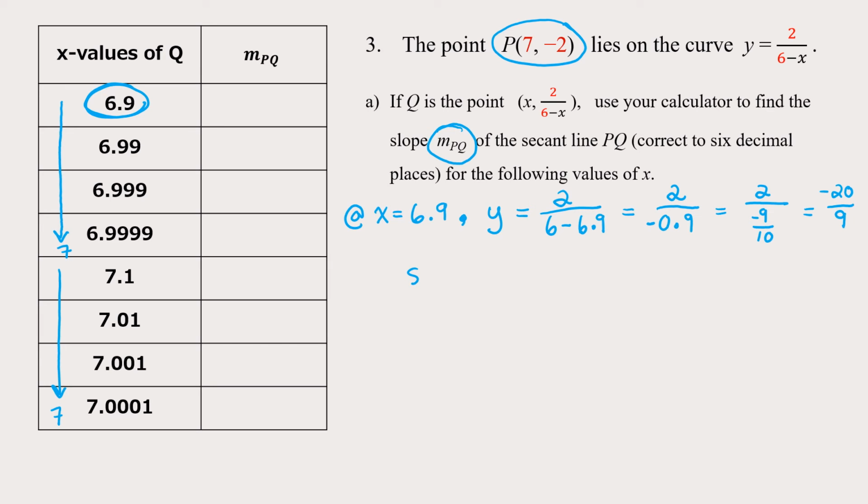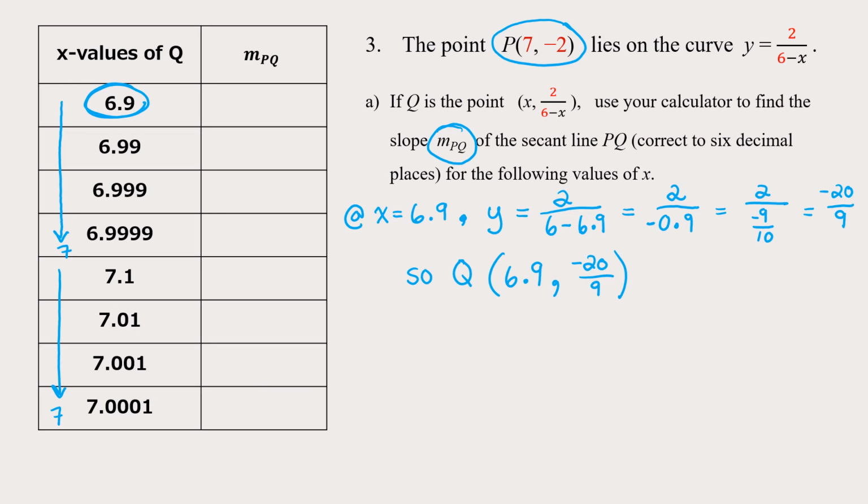So that means that Q at this particular x value will be 6.9, comma, negative 20 over 9.